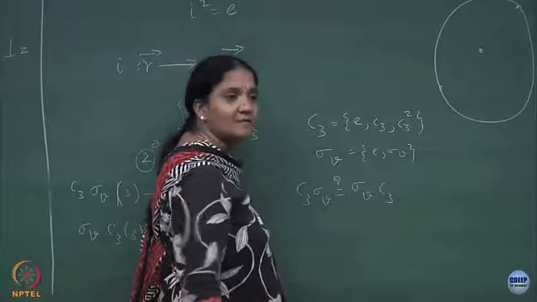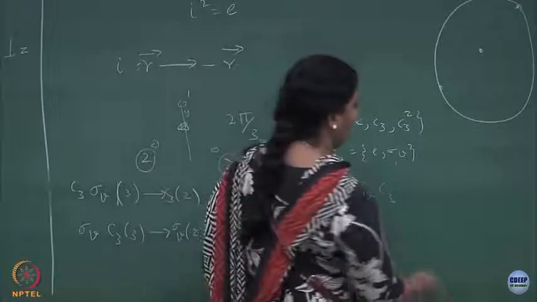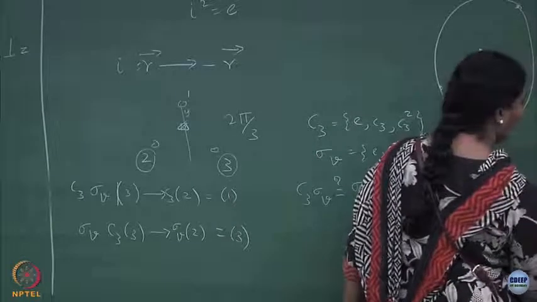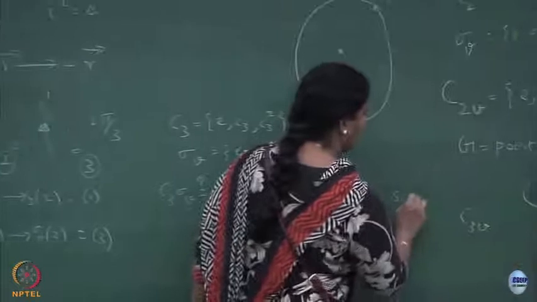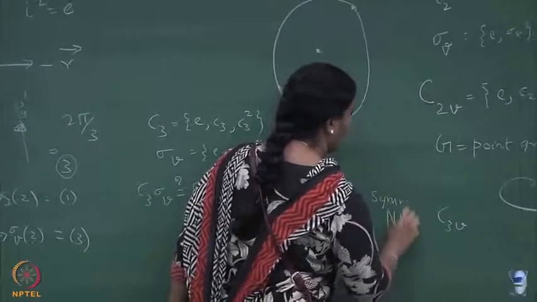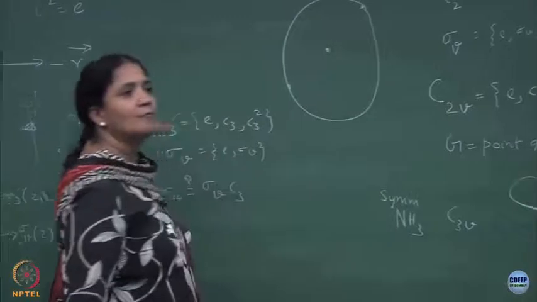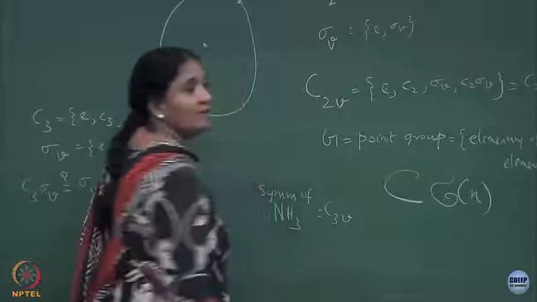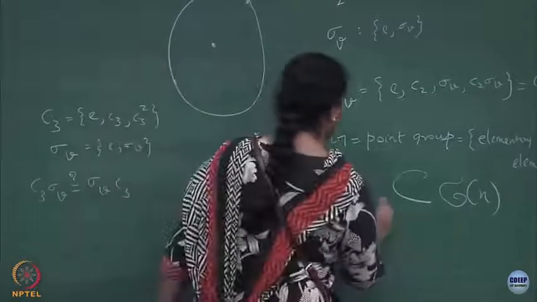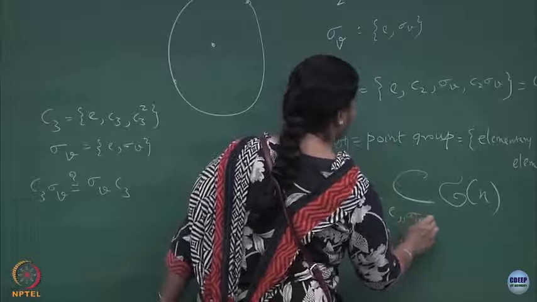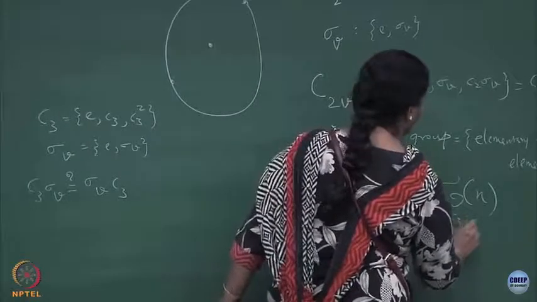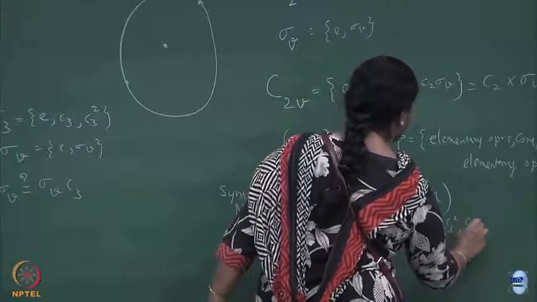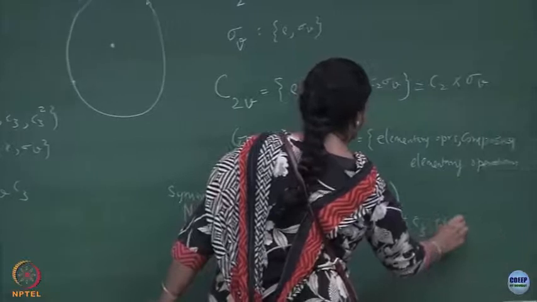So, there will be 6 elements. You can write the elements of C3v, which is another point group, and this is the point group symmetry of the ammonia molecule. Okay. Symmetry of the ammonia molecule is C3v, and the elements are E, sigma v, C3, sigma v C3 squared, and then C3 and C3 squared.